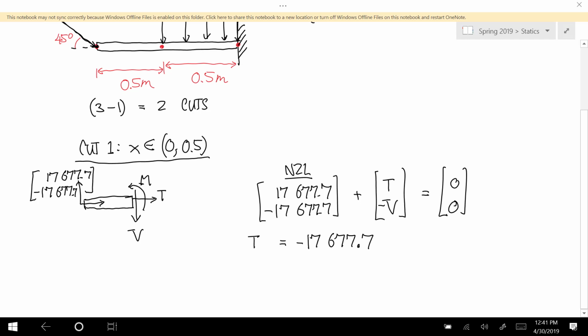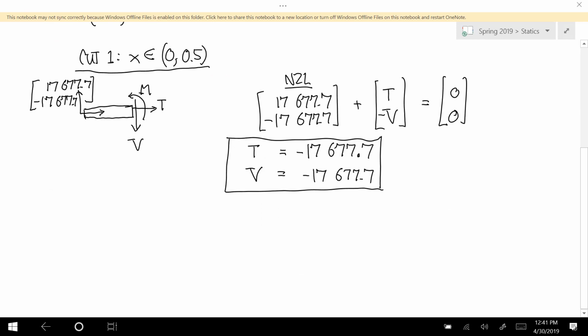What does the negative mean there physically? If you have a tension of negative, that means this part of the beam is in compression rather than tension. You always get some amount of deformation due to this loading, and in this part it's going to be contracting a little bit rather than stretching. And the shear force is also negative 17,677.7. So those are constant over this whole part.